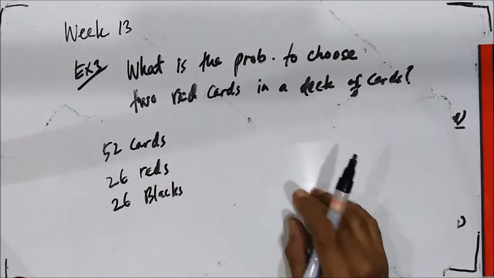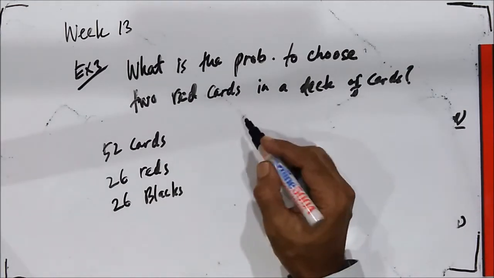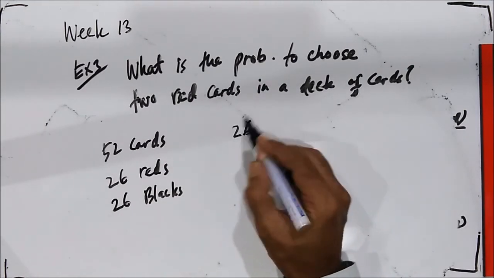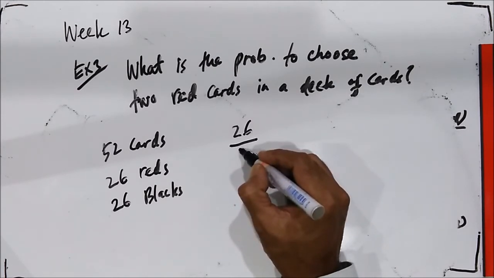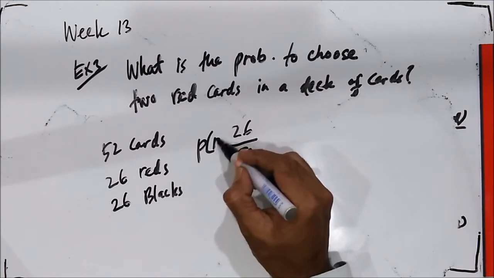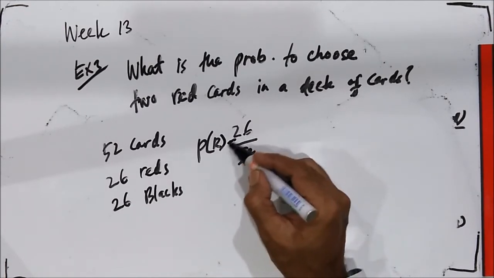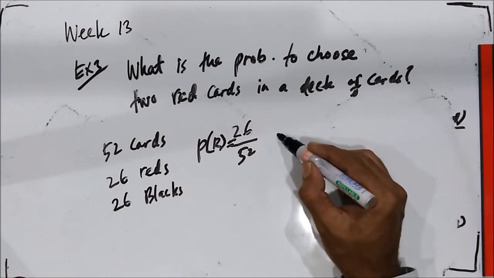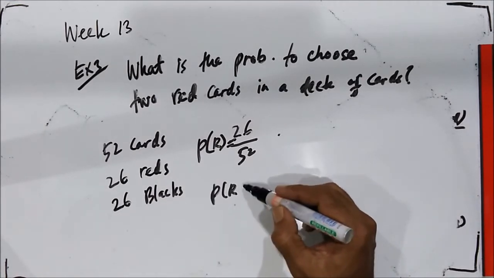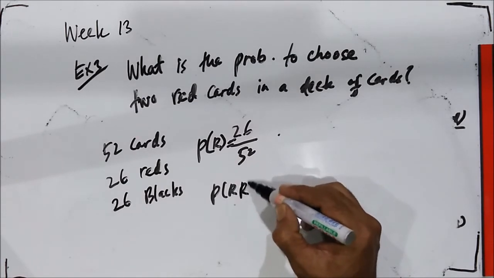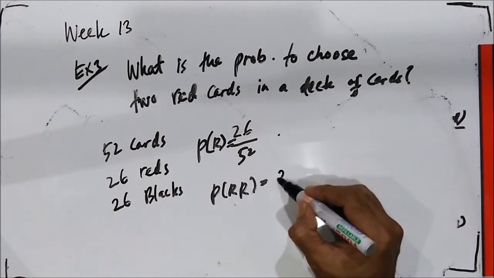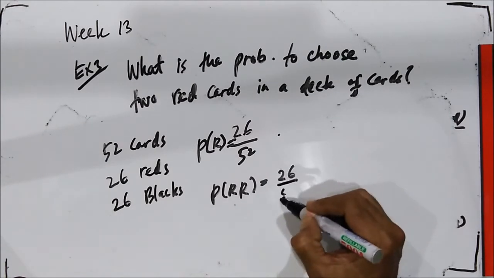To get two red cards, the probability of getting the first red card is 26 over 52. Then the probability of getting a red card, given we got a red card before that, is the next factor.